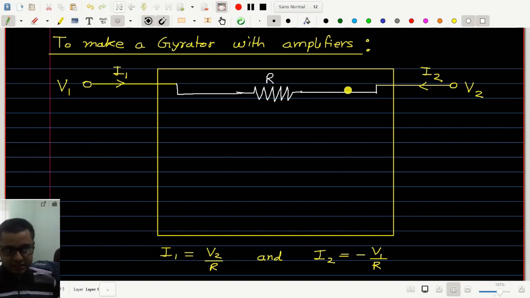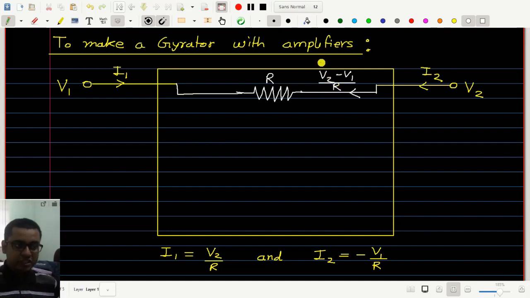Then this current I2 will be equal to voltage V2 minus voltage V1 divided by this resistance R. However, I want I2 to be equal to minus V1 by R. We have minus V1 by R here, but we have V2 by R extra.